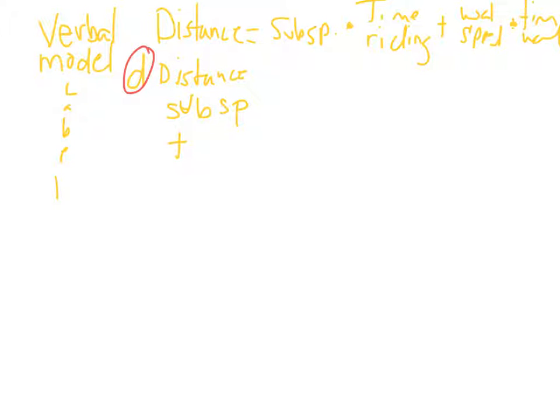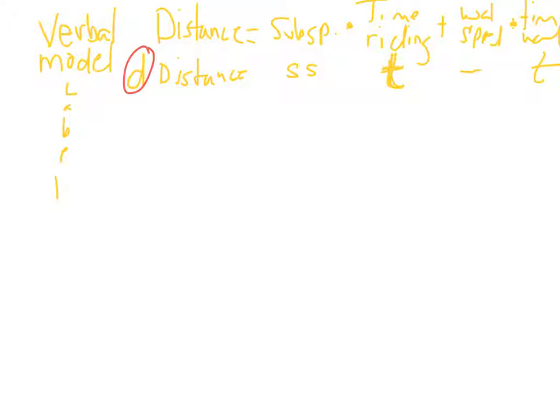The time riding, let me do this differently. Hang on. Let me erase this because this is going to be confusing. So subway speed, I'll just use SS. Time riding will be T, and if we're looking at it in a book, it would be an italic T. We'll have the walking speed, and then we will have another T here, but it's going to have a different meaning.